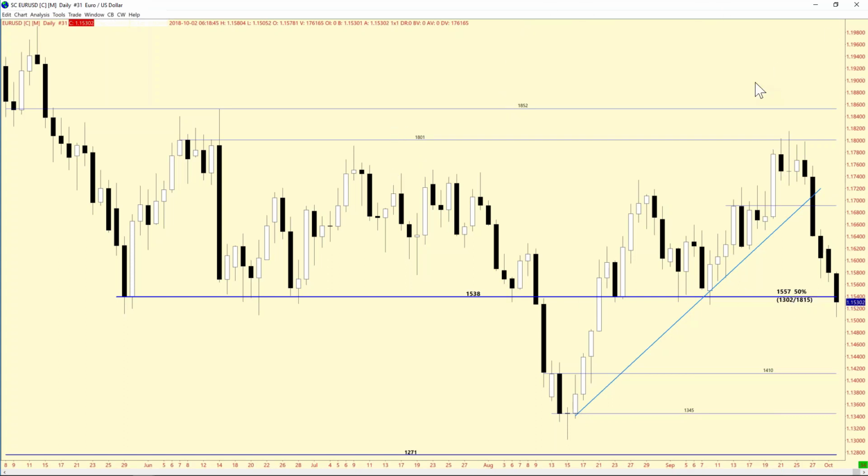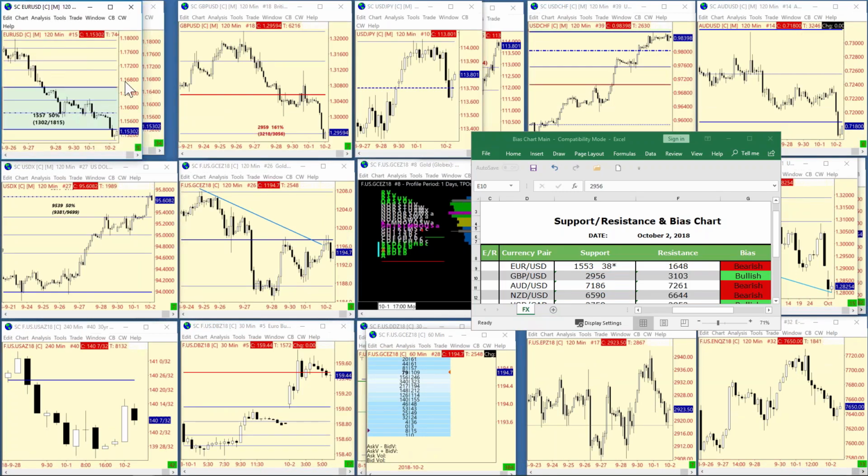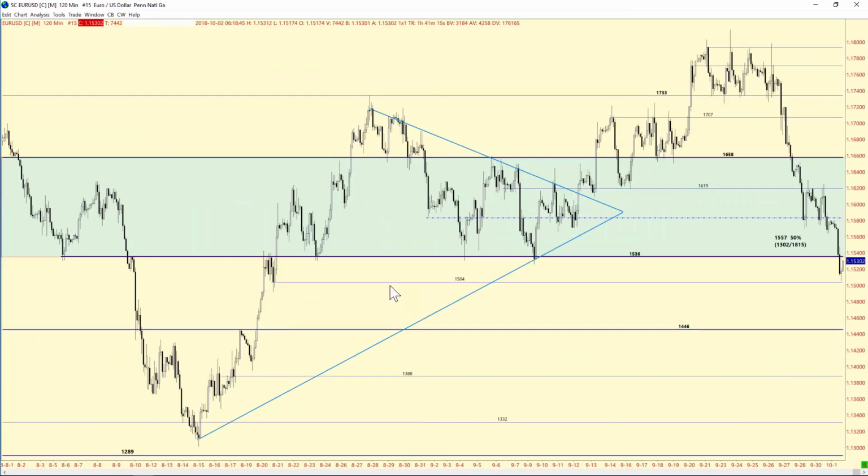Let's go on and move now into the 2-hour chart. Here's our level here at 1504, and they just about nudged it. The low was 1506.